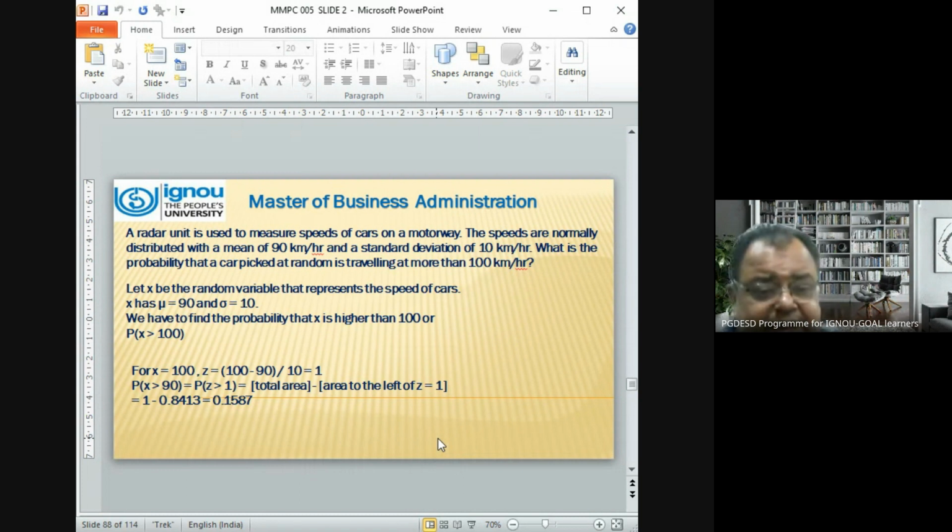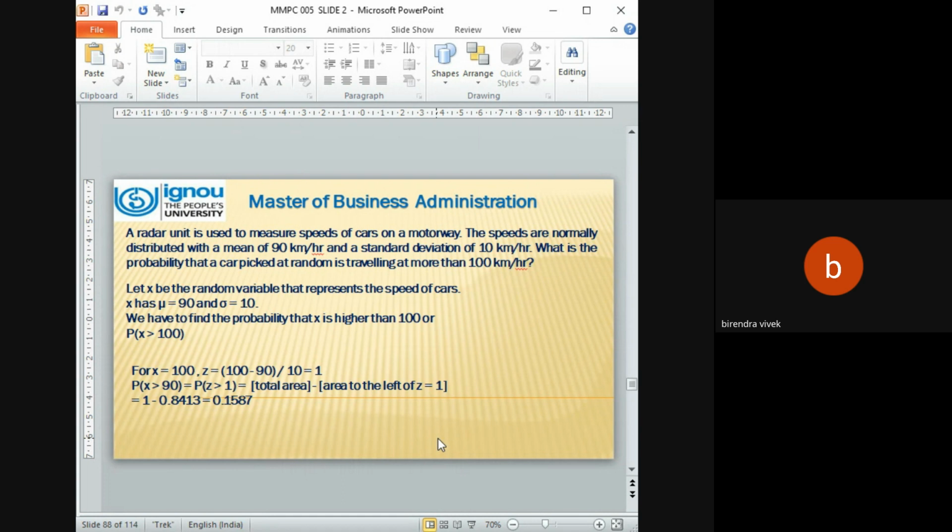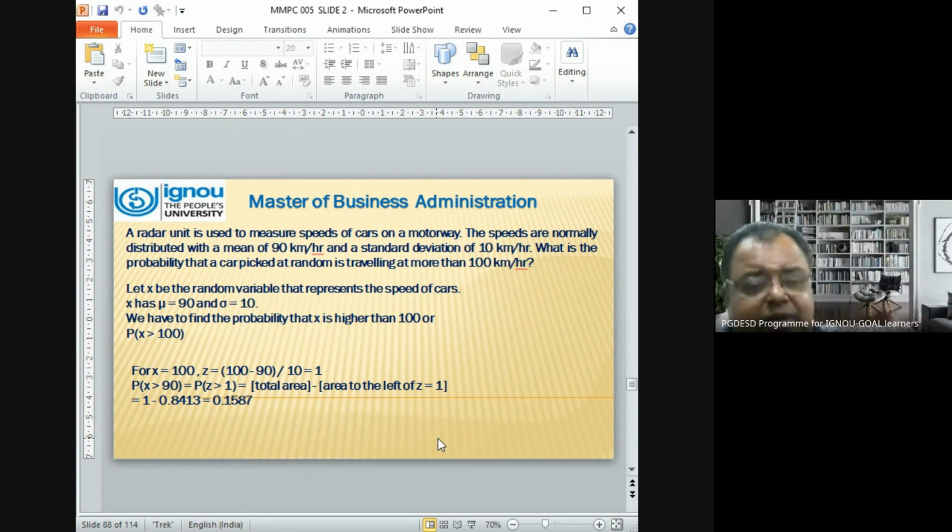Now the question arises, how will we see that this is a problem related to normal distribution? Here, anywhere in the question it is mentioned that it is normally distributed. If it is mentioned in the problem, move to the concept of normal distribution.